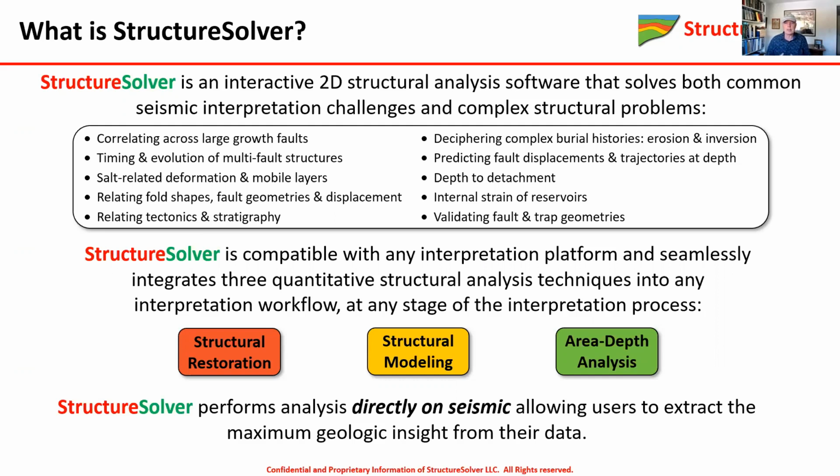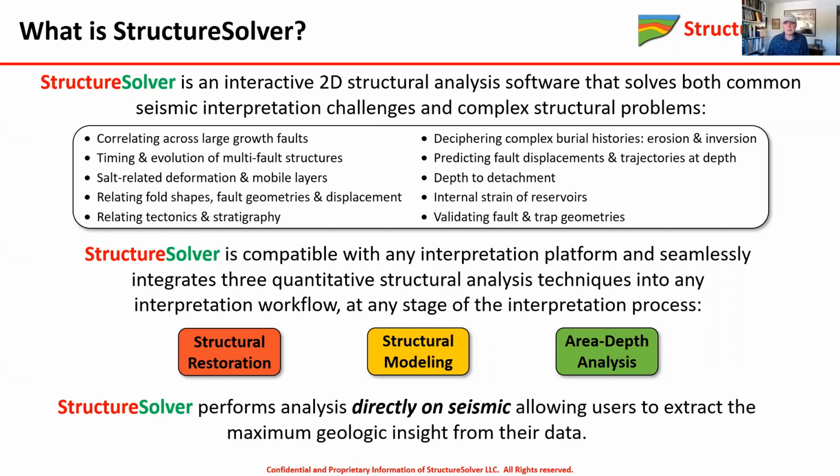So the interpretation challenges that we are able to solve are correlation across faults, shape of faults, the displacement on faults, how bed shapes develop as folding and faulting develops, how tectonics and stratigraphy relate, what is the internal strain of reservoirs, so all sorts of things we can get at with our software.